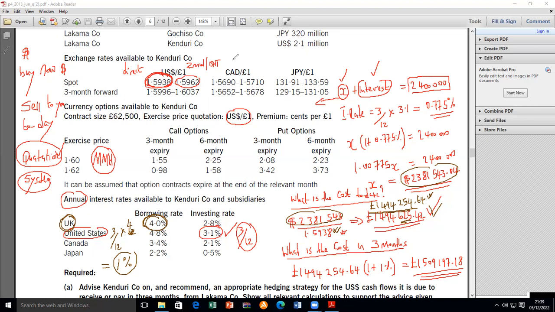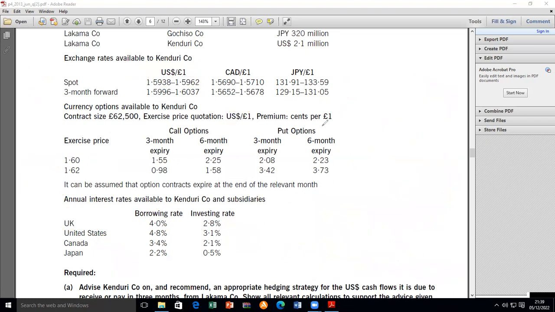Are there additional questions? Okay, if there's no additional questions, let us address the question of multilateral netting.